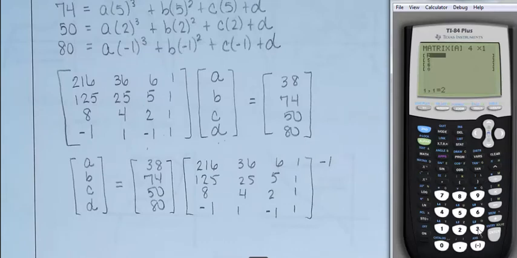And that's going to be 38, 74, 50, and 80. Okay, my second matrix is going to be a 4 by 4.